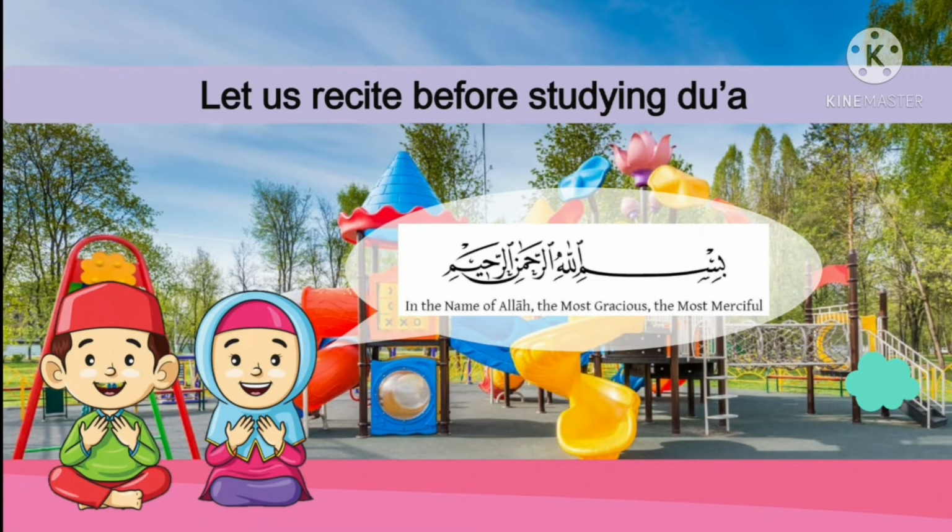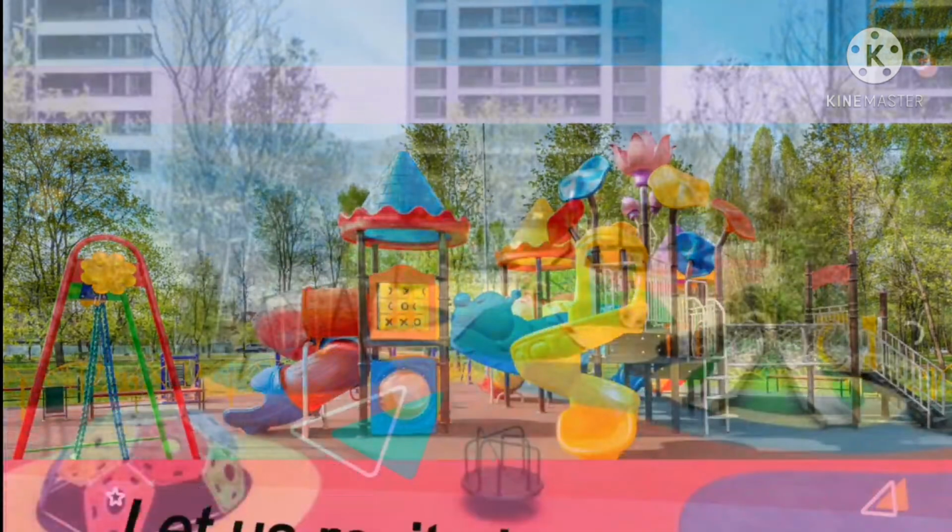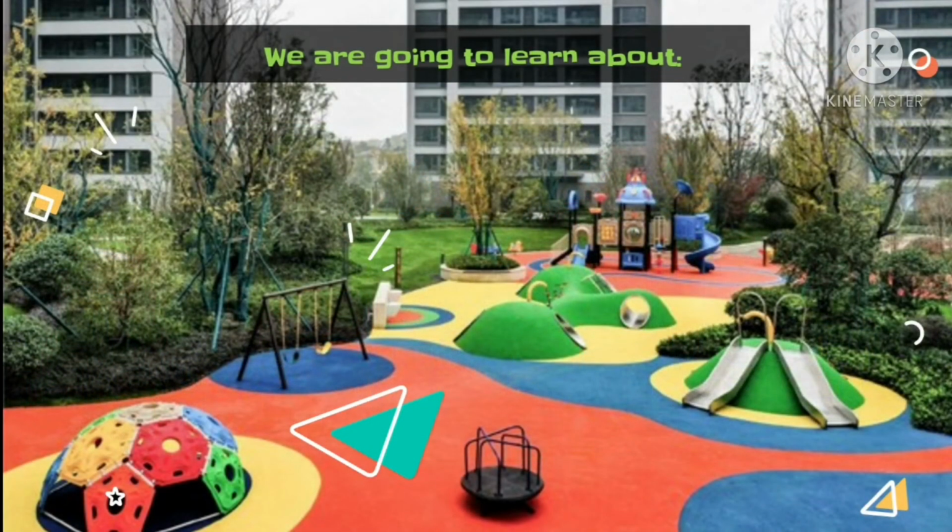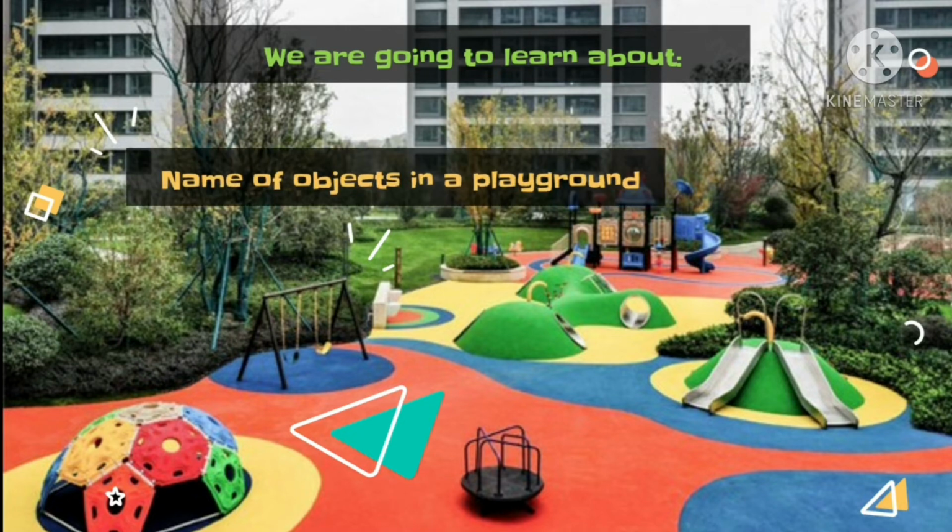Okay, let's move on to our lesson. Well, this is the picture of another playground. In today's topic, we are going to learn about first, name of objects in a playground.